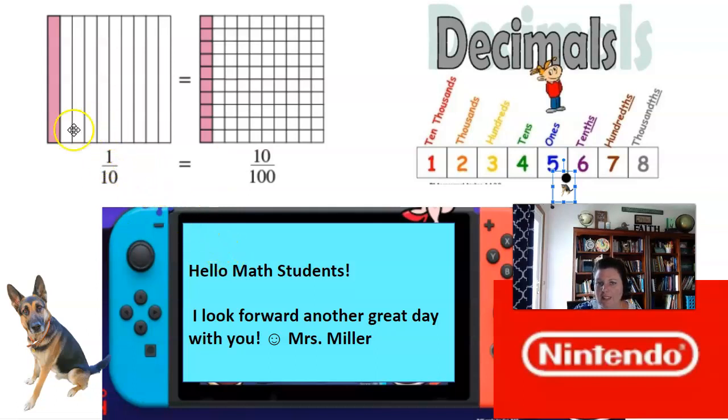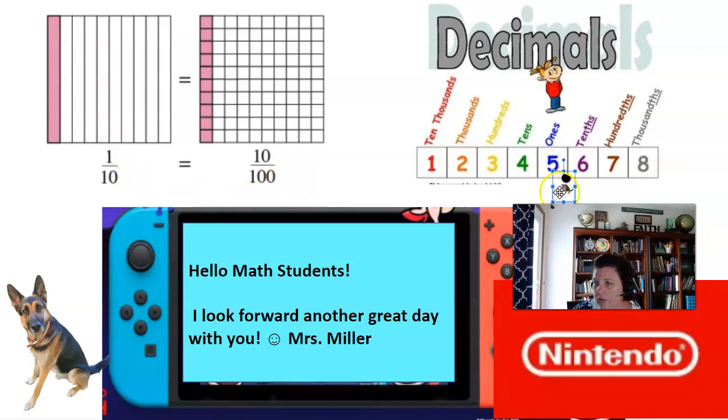Okay, so 1/10 as a fraction means 1 shaded out of 10. 10/100ths is the equivalent fraction in hundredths instead of tenths.